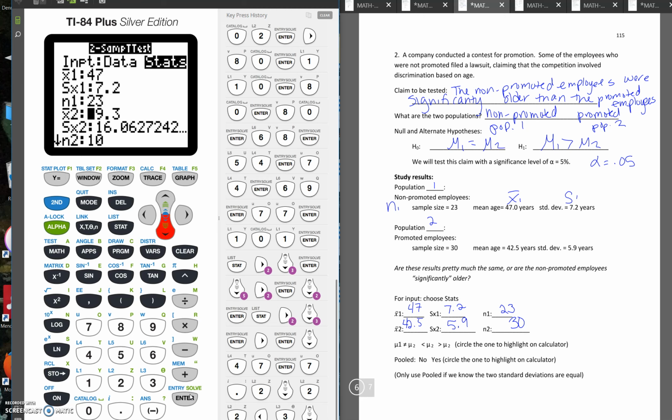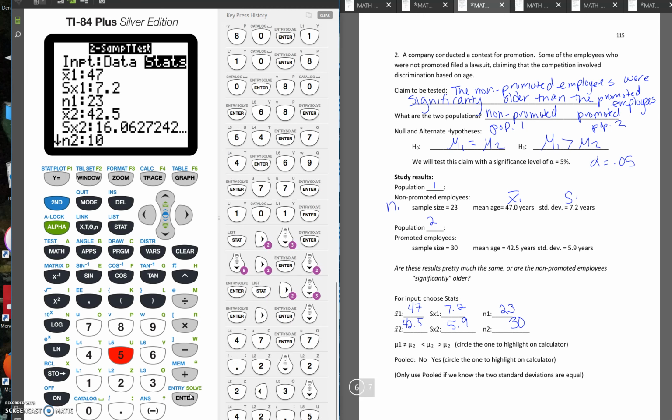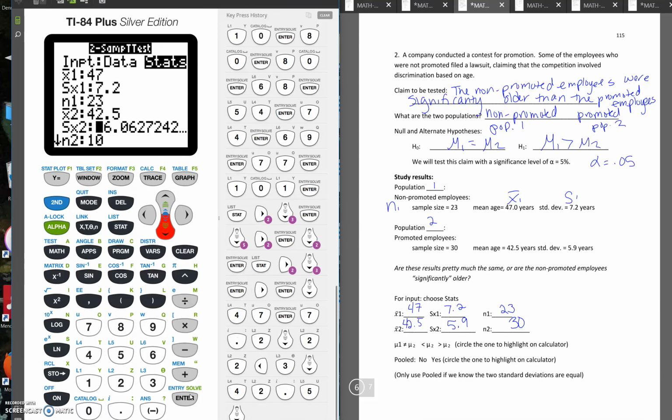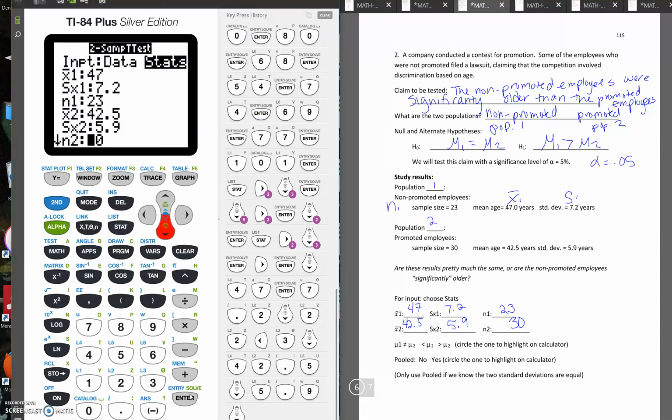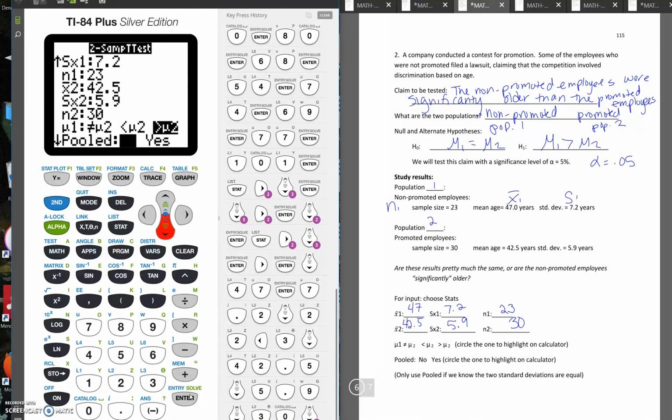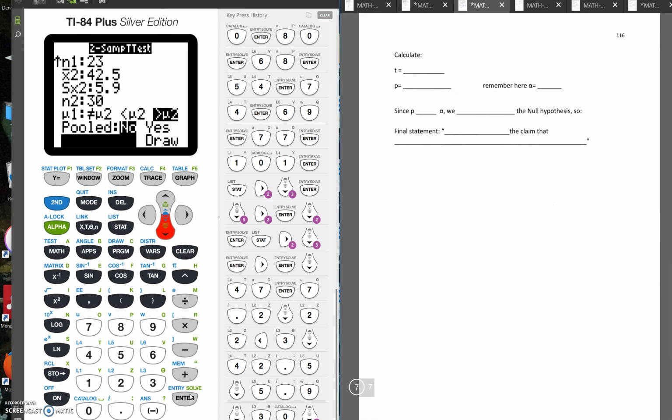For x bar 2, we have 42.5. For the standard deviation, 5.9, and the sample size, 30. Again, we're claiming that mu1 is greater than mu2. We do not want it pooled. Okay, and we're going to hit calculate.